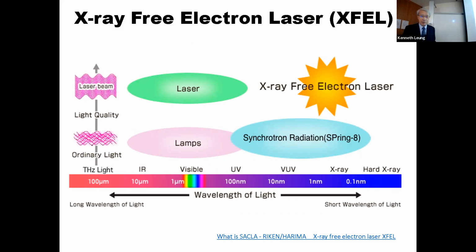Okay. So conventional crystallography uses synchrotron radiation, which is not a laser, okay, which is a very strong radiation. That's good, but it is ordinary light. So the difference here is it's also X-ray in the same wavelength region, but it is a laser.